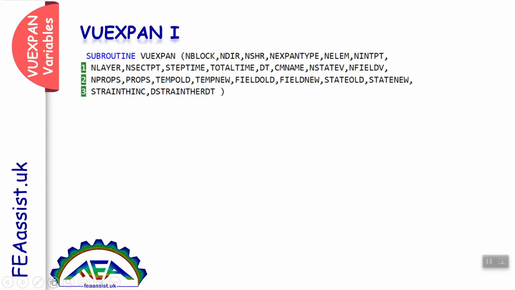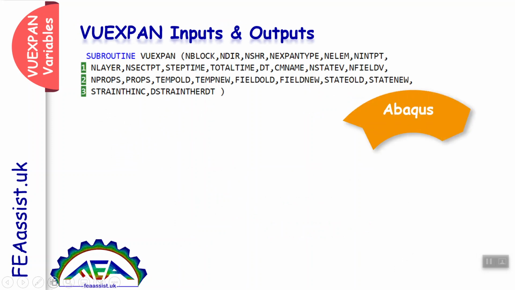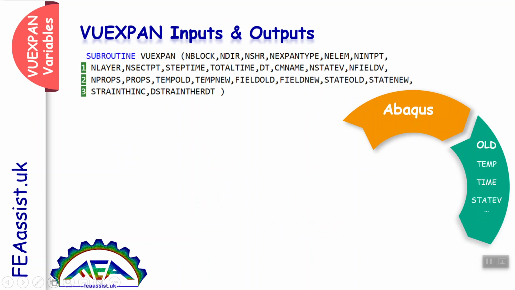VUexpand variables, VUexpand inputs and outputs. VUexpand has some inputs. We need to get those inputs, process them, and export new variables as outputs into Abaqus. In other words, Abaqus computes the temperature, time, state variables, and transfers these variables as inputs into the VUexpand subroutine.